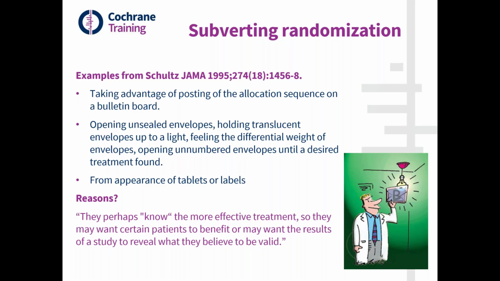And if they believe that the new treatment might offer benefit, they really want to do anything that they can to make sure that their patient gets that treatment. So hopefully you appreciate that generating a randomization sequence and then really doing your best to conceal it is really important.